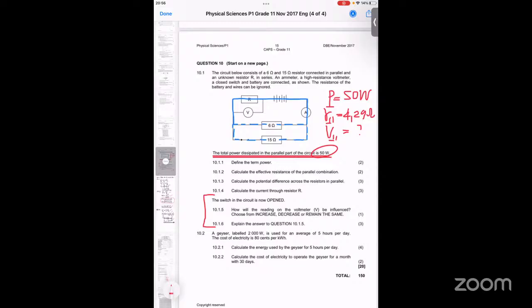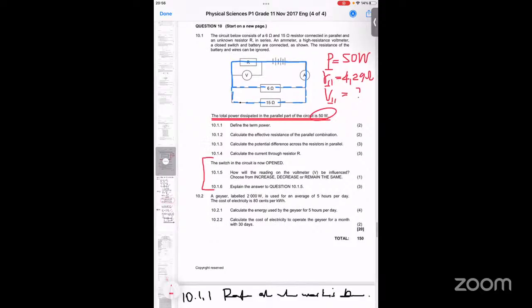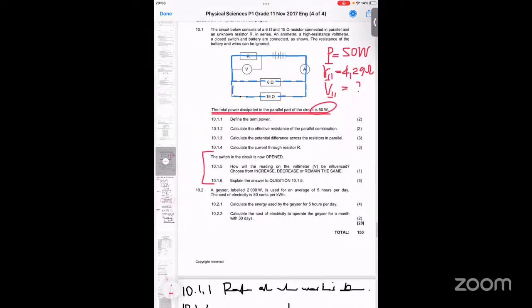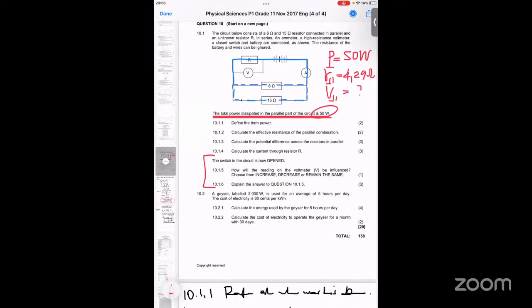Okay, so this is what happens, honorable members. I just explained this in yesterday's lesson with the grade 10 learners. When the switch in the circuit is opened, you are now removing the parallel connection.